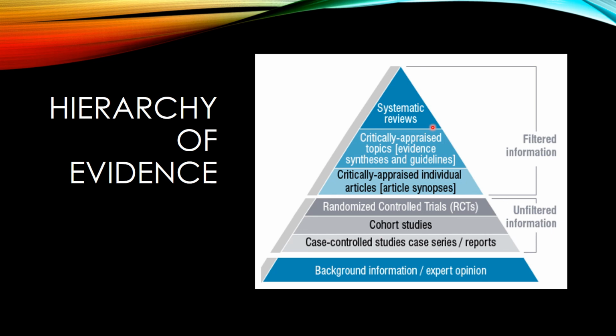Next, you have critically appraised topics, okay, evidence synthesis and guidelines, followed by critically appraised individual articles. So critically appraised topics such as evidence synthesis and guidelines are kind of similar to systematic reviews. It's just that rather than summarizing different papers all doing research on the same thing, these are based on guidelines.